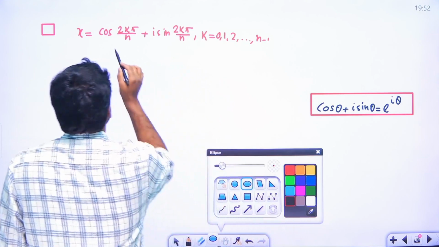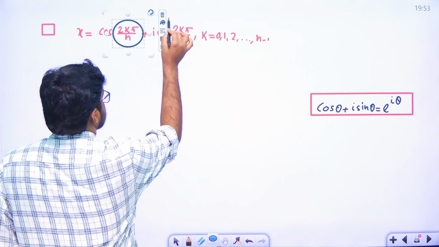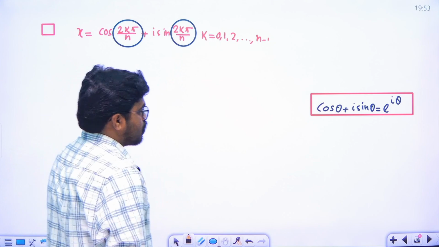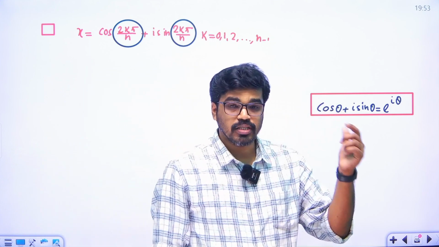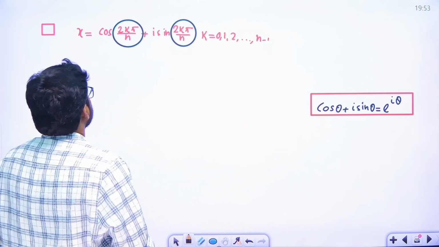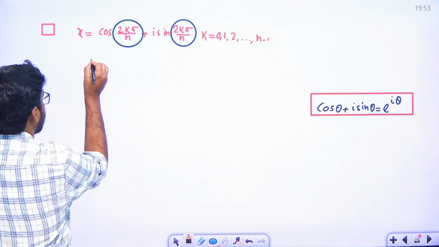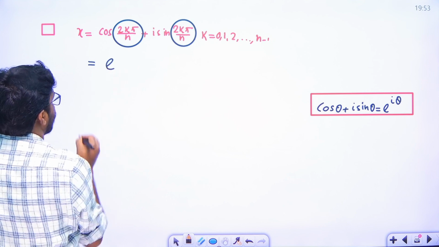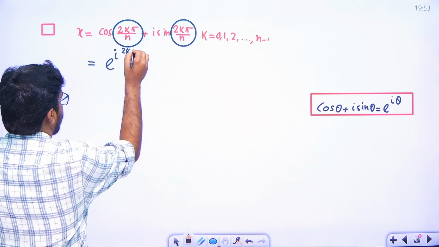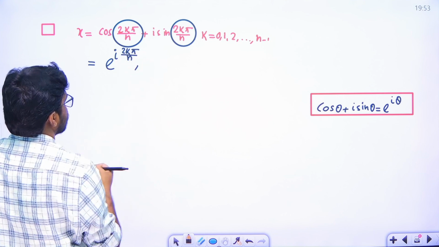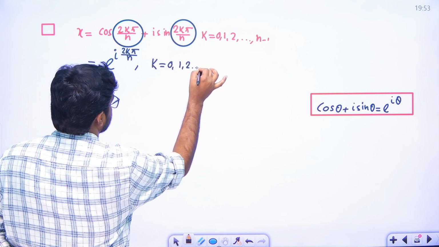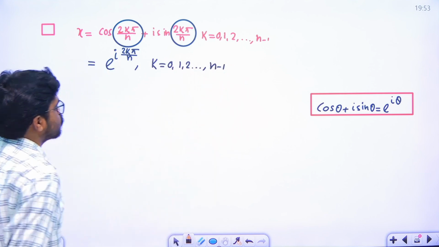Cos theta plus i sin theta, so this is e to the power i theta. So this is equal to e to the power i theta, where i theta is 2k pi by n, where k is equal to 0, 1, 2 up to n minus 1.